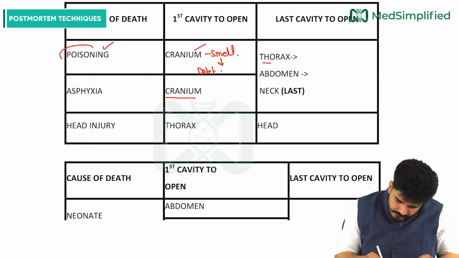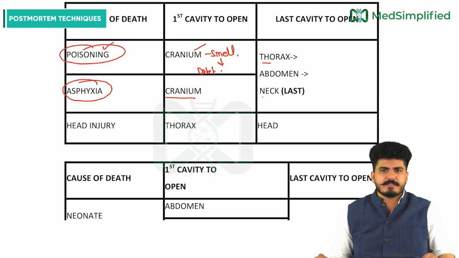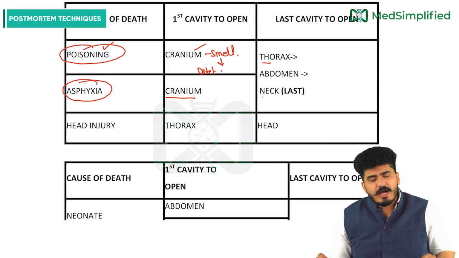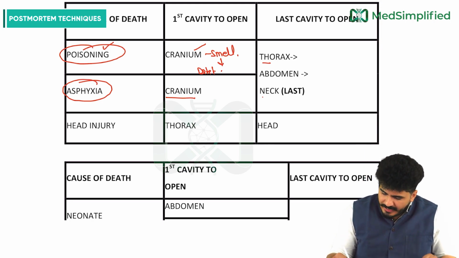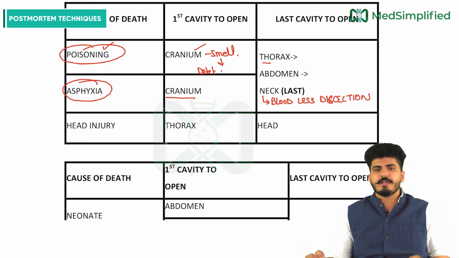In poisoning and in asphyxial death, the last cavity is the neck. Why? Because we need bloodless dissection.